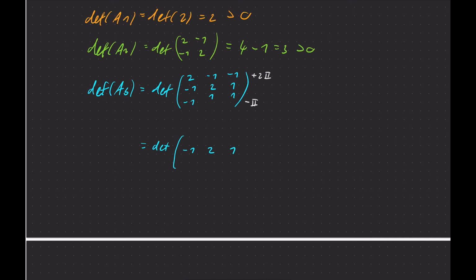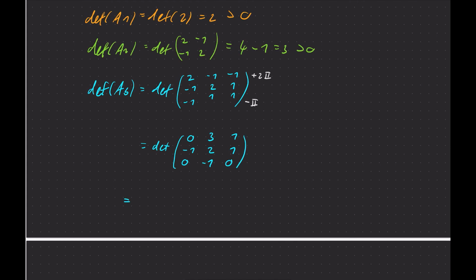The first row will become 2 minus 2, that's a 0. Then there's a -1 plus 4, that's a 3. And a -1 plus 2, that's a +1. And the last row, we subtract the second row from the last row, so we get a 0 here. That's 1 minus 2, that's a -1 here. And a 1 minus 1, that's a 0 here.